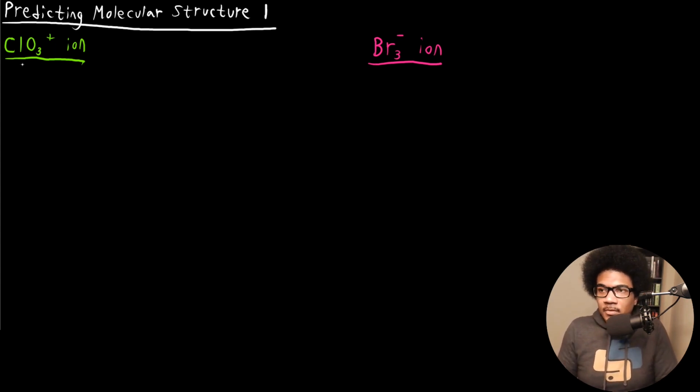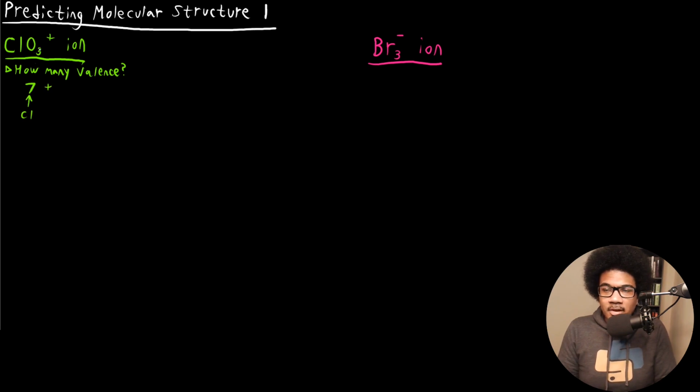So let's look at the first example of ClO3+. Obviously the first thing that you want to do is to construct the Lewis structure for your molecule. So we have ClO3+, so the first thing we want to do is consider how many valence electrons we need to represent this structure. We know that chlorine has a characteristic valence of 7, so we got 7 from chlorine.